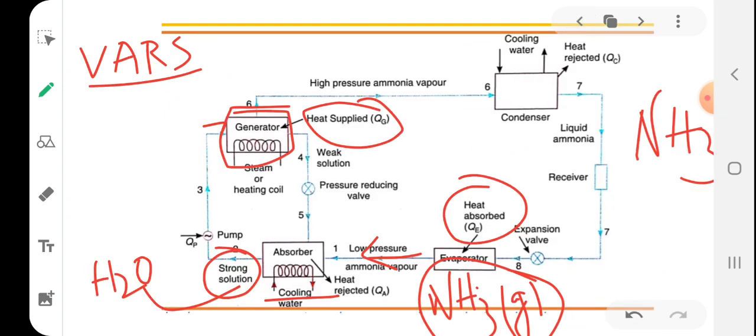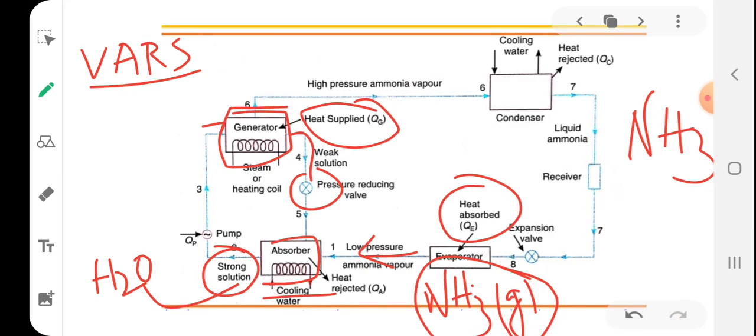After addition of heat, this weak solution will return back to the absorber through a pressure reducing valve. So why are we adding a pressure reducing valve? We are placing a pressure reducing valve in between the generator and absorber because it will reduce the pressure, since the absorber is at a pressure equal to the evaporator pressure, so it will be a lower pressure.